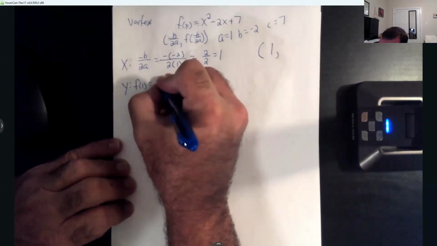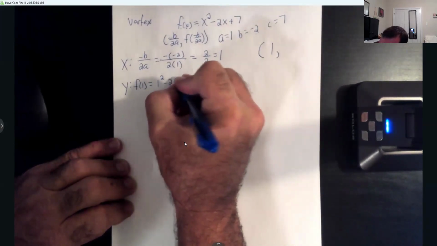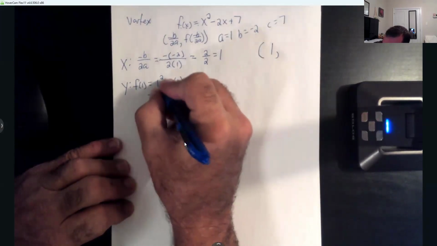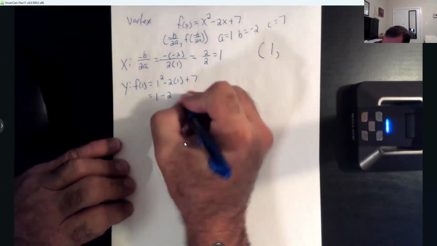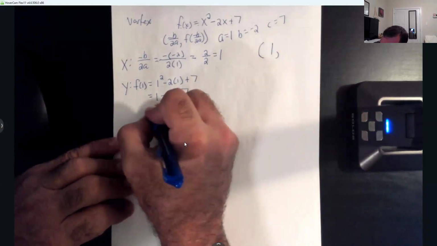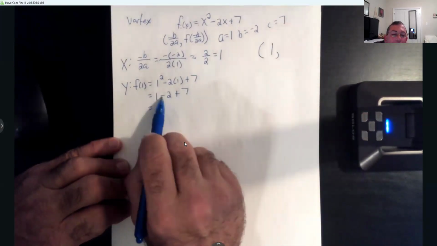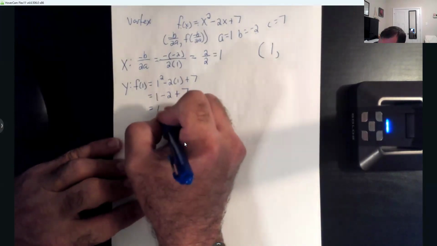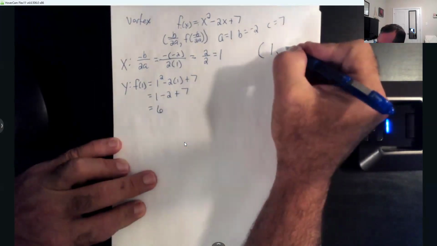That'll equal 1 squared minus 2 times 1 plus 7. That's going to be 1 minus 2 plus 7. And y'all, if you add them up, 1 minus 2 is negative 1. Negative 1 plus 7 is a 6.